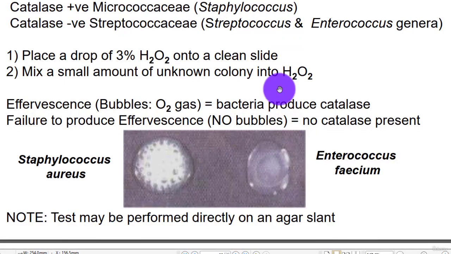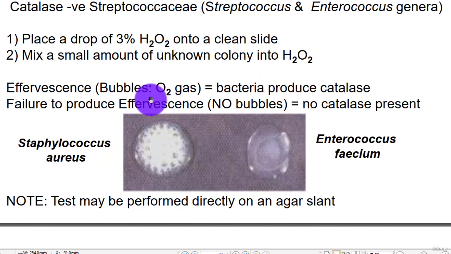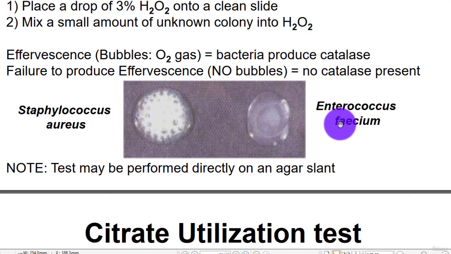Place a drop of 3% H2O2 onto a clean slide. Mix a small amount of the unknown colony into the H2O2. Effervescence, bubbles of O2 gas, means the bacteria produce catalase. Failure to produce effervescence, no bubbles, means no catalase is present.